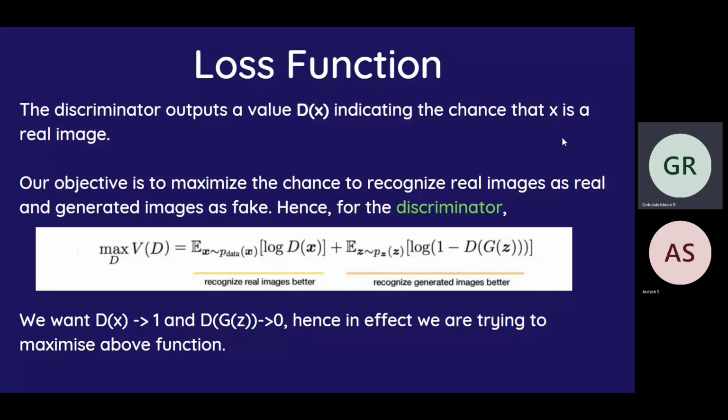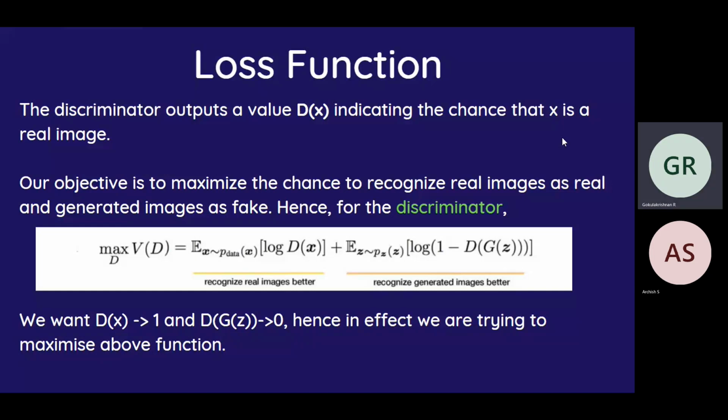The second term seems a bit more complicated, but it's really simple. Instead of log D of x, it's log of 1 minus that. You want the discriminator to identify a fake image as fake, so you want D of G of z to be 0, because G of z is a fake image. The probability that the fake image is classified as real should ideally be 0. So 1 minus 0 is 1, and log of 1 is again 0.